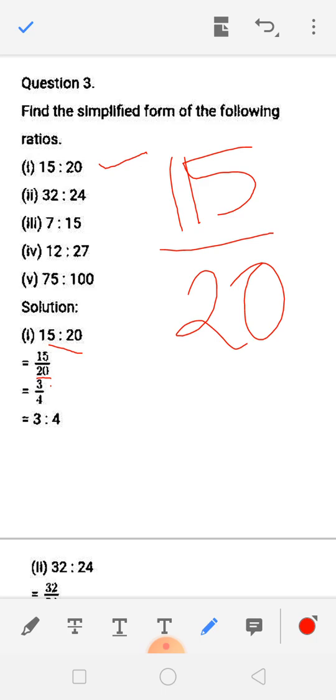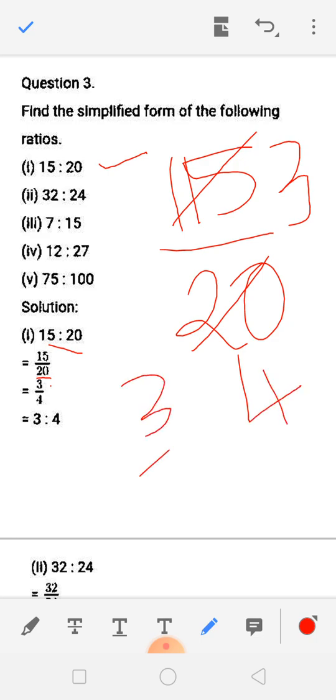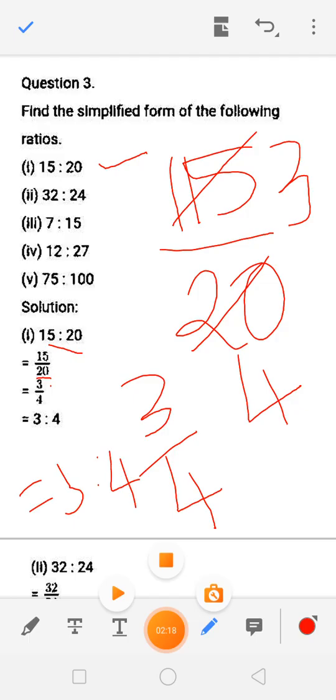So fifth table we can cancel. 3 5s are 15 and 4 5s are 20. So the answer is 3 by 4. I can write 3 by 4 as 3:4, 3 ratio 4.